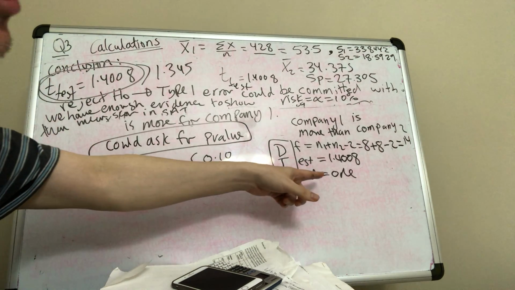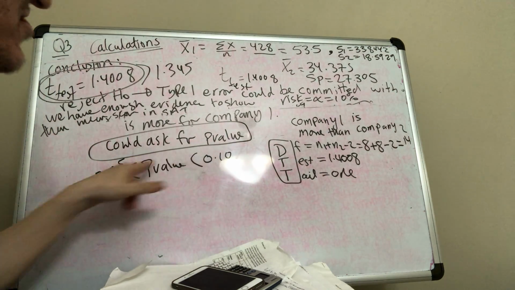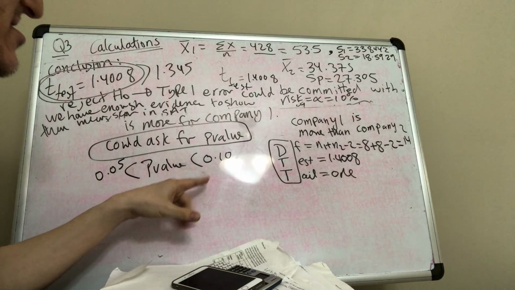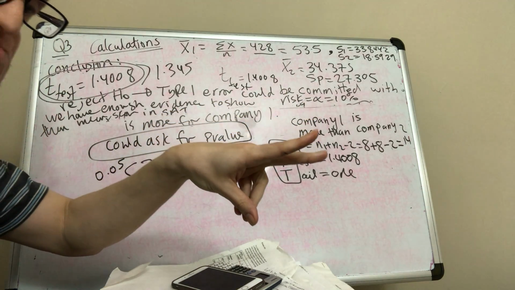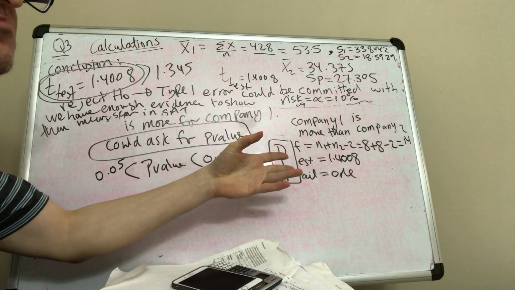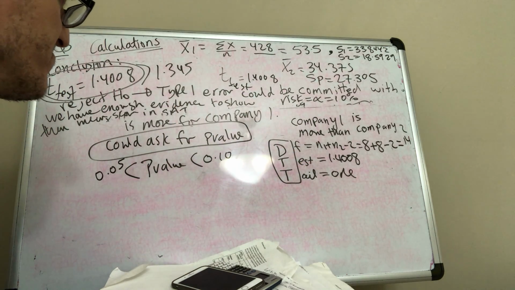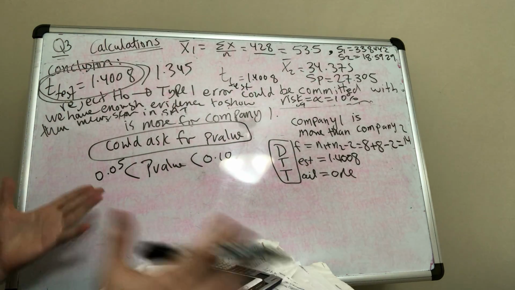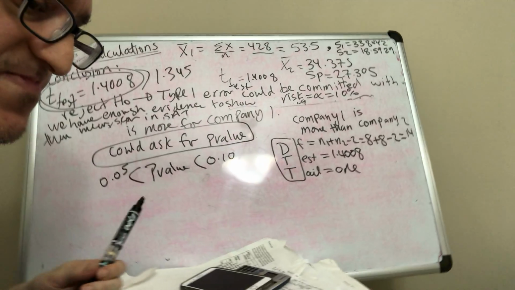And if it happens to be two-tail, you would double these two percentages. So you get the percentages you're between first, and then you double it because it's a two-tail system. Okay, so that's how you find the p-value.